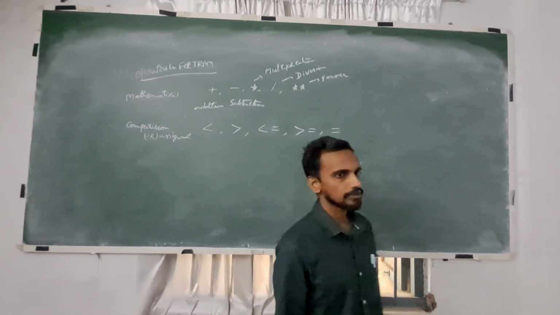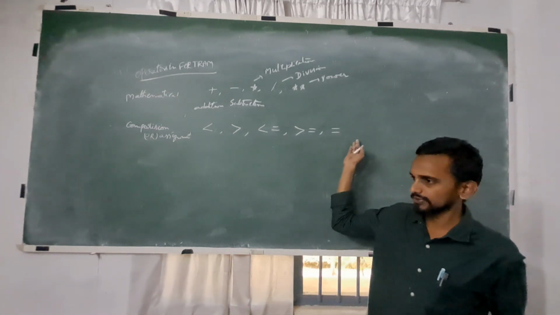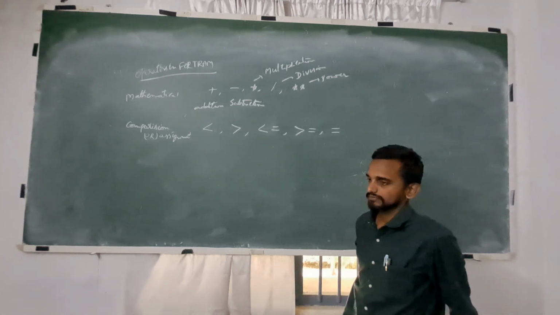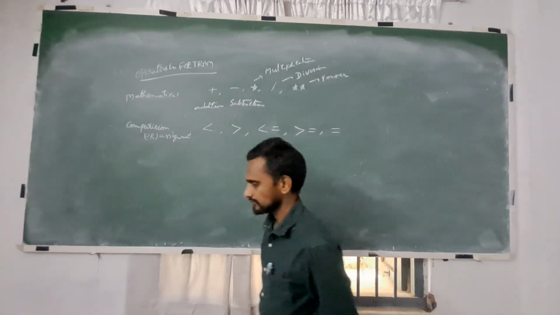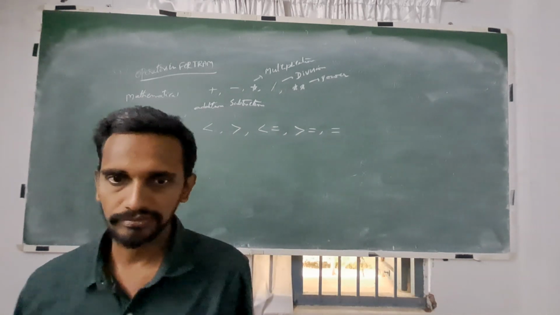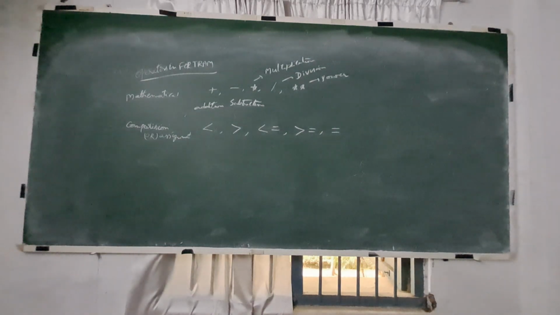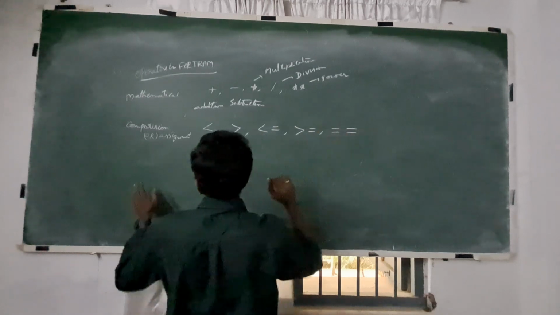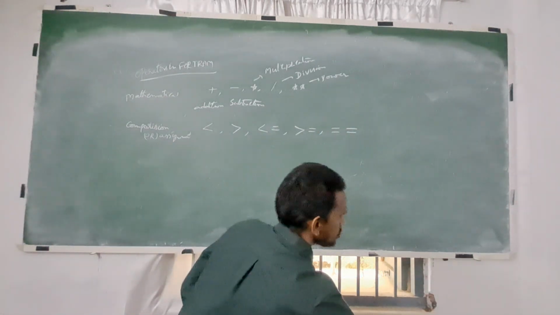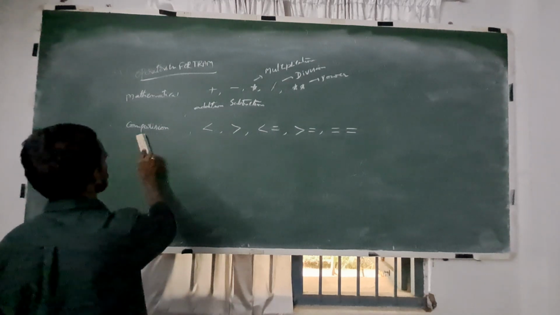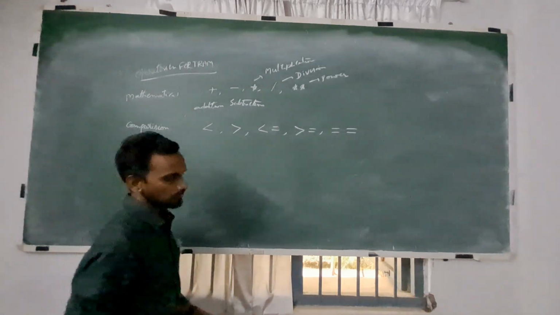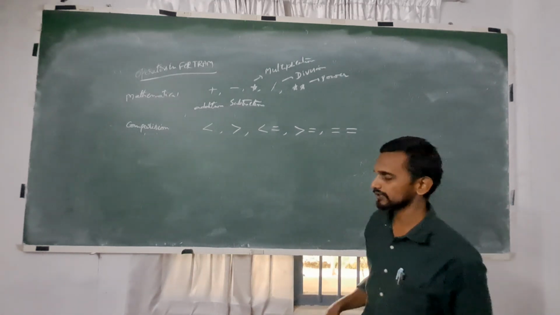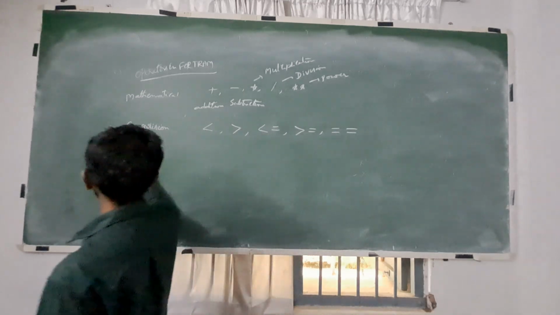Let's say you are writing C is equal to A plus B. It is an assignment operation. So next one is double equal, which stands for the comparison operator. I mean, if you want to compare whether two numbers are equal or not, it will be double equal. So next one, logical operators.